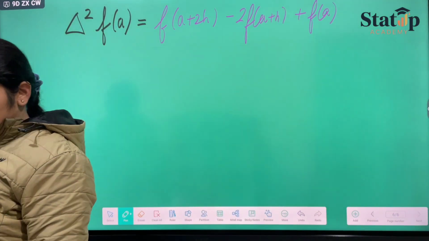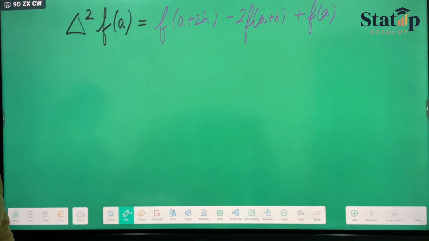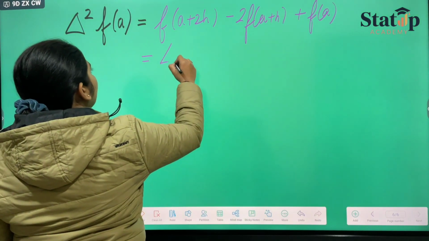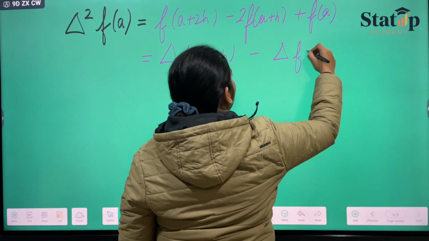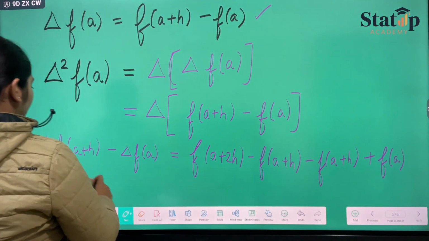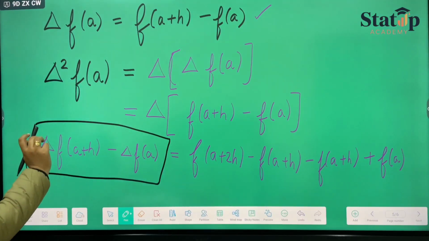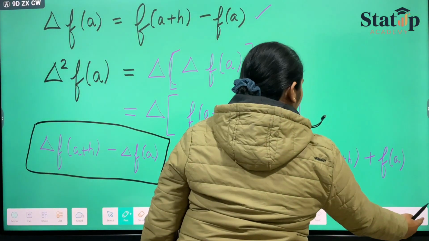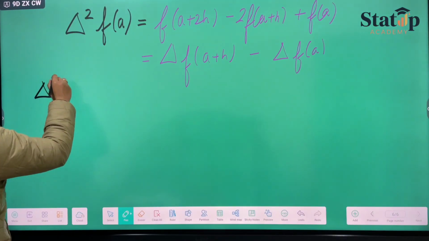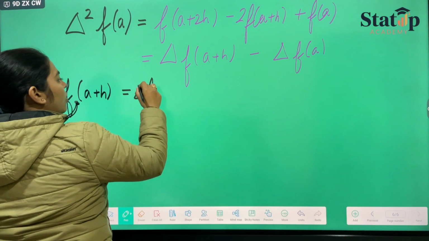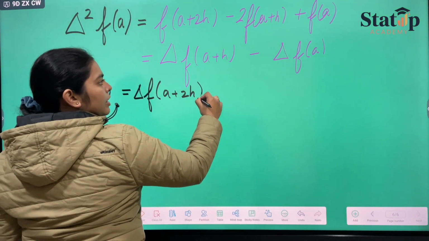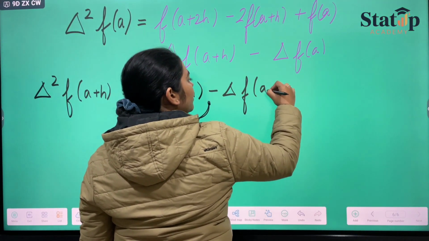We have calculated this. And similarly, we can also write this as delta of f(a+h) minus delta f(a). In a similar way, if I have to write delta square f(a+h), then I can write this as delta of f(a+2h), the next term, minus delta of f(a+h).